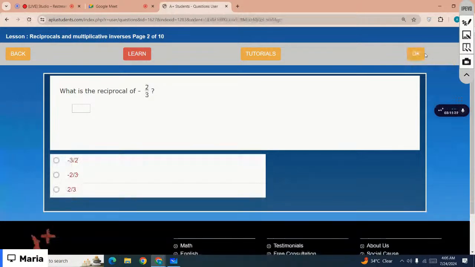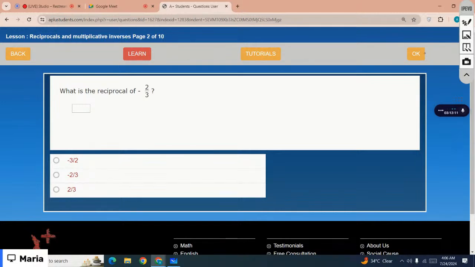What is the reciprocal of negative 2 over 3? The correct option is negative 3 over 2, right?